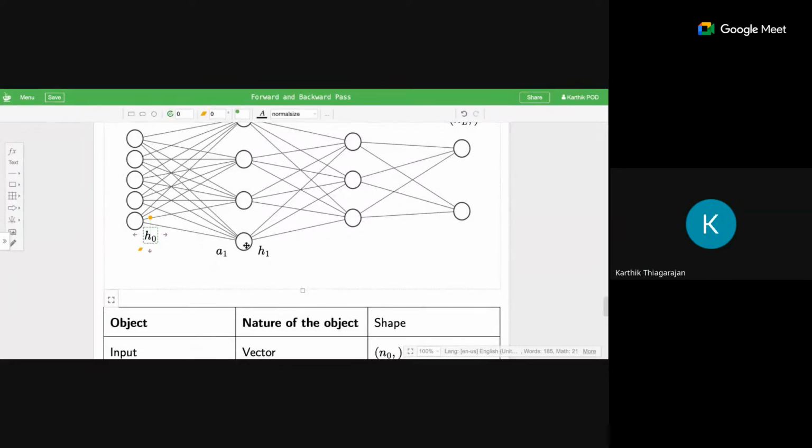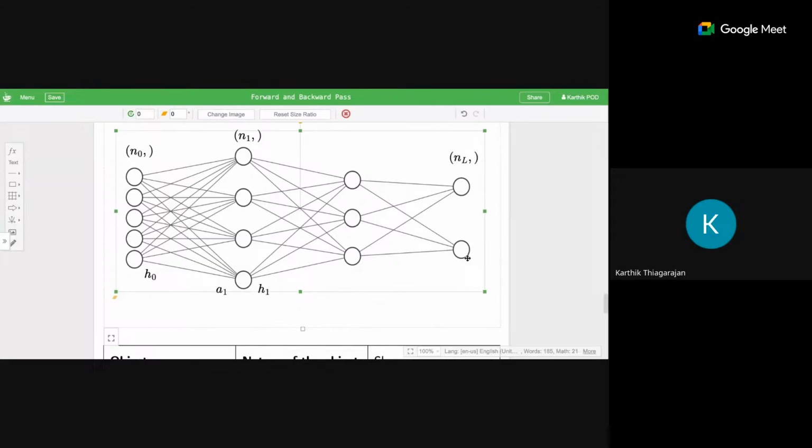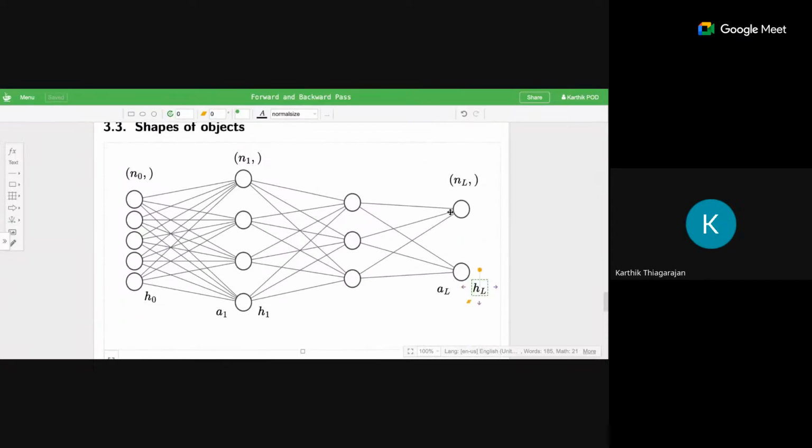And what is the output of the neural network itself? HL. The output neuron is also a neuron like all other neurons, so computation is going to happen at the output neuron also. So this is going to be called AL, and this is going to be called HL. The only difference is what activation function is used at the output layer.